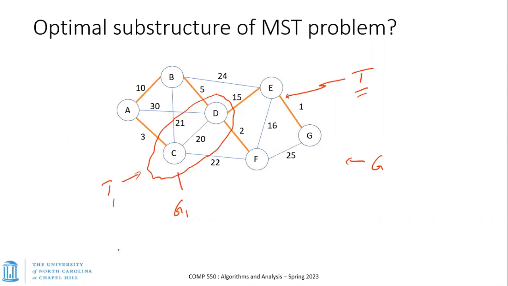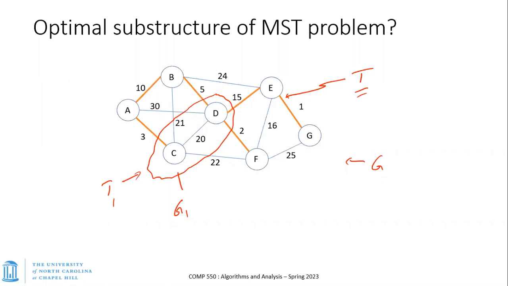So if you think about the optimal substructure, it says that if you take any part of the original T, okay, and then apply the graph, then that should be an MST of that. Okay.